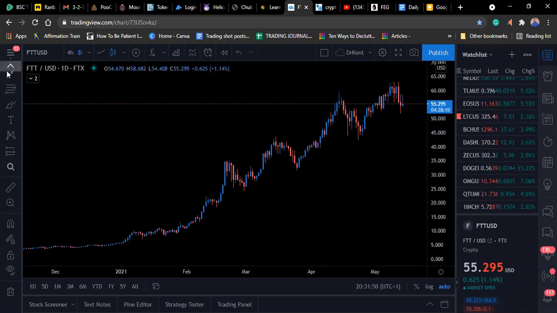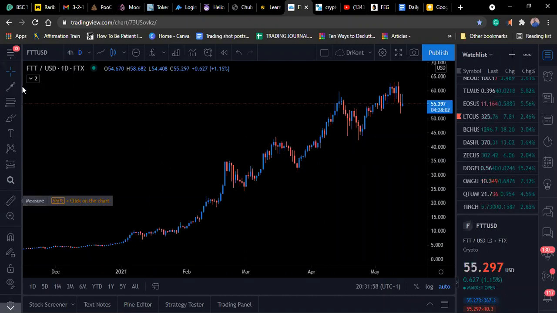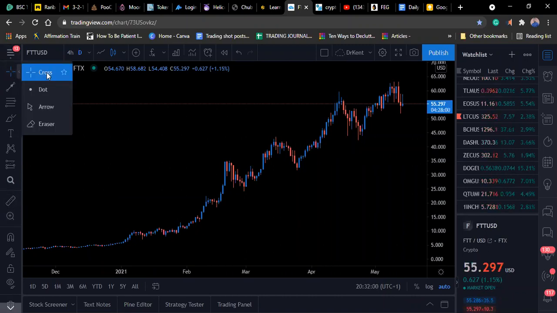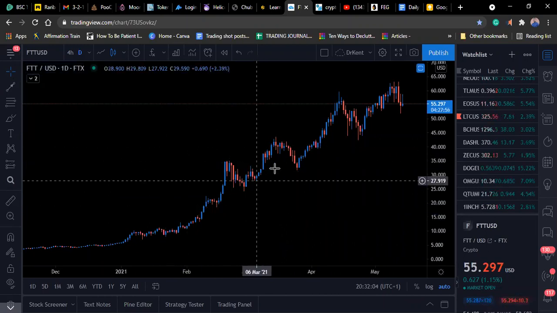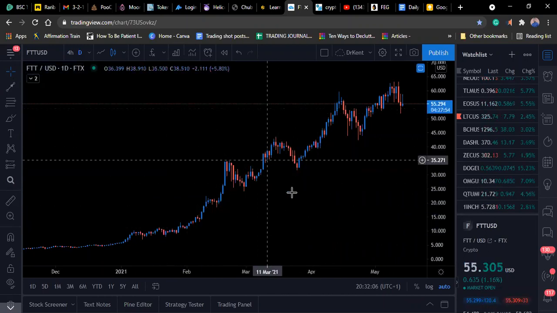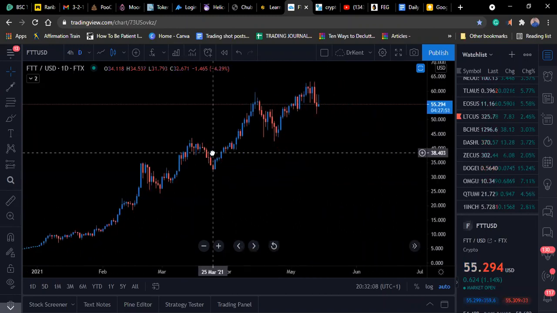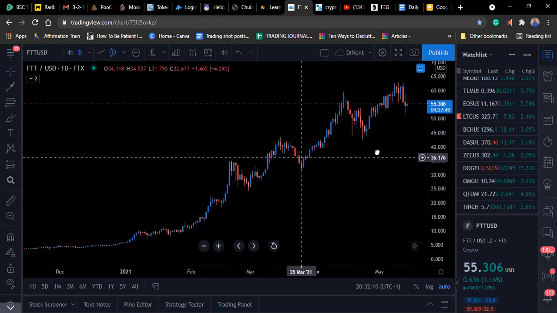Over here on the left pane is where you have your tools, the different tools that you use for analysis. The first one is your cross, this white dotted line that is moving here. You can use it to drag your chart up and down.